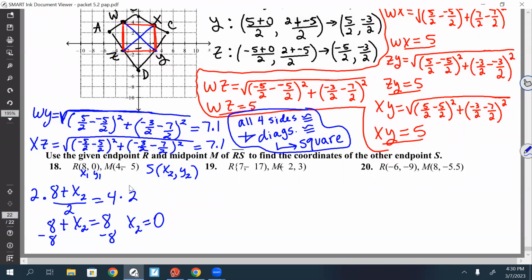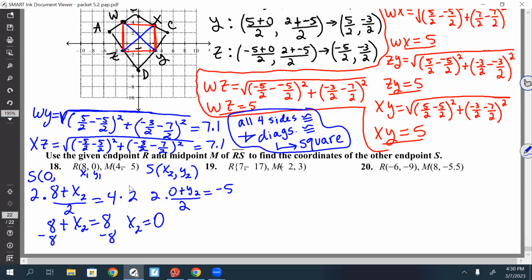Now we'll just repeat the same process, but do it with the y's. So point S is at 0, comma, and now we'll figure out the y coordinate for it. So we have 0 plus y2 divided by 2 equals, and what's the y coordinate for our midpoint? -5.